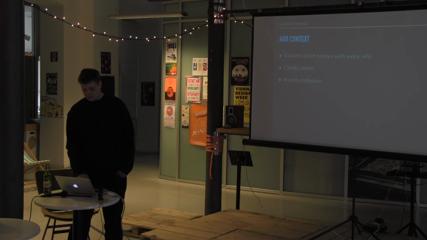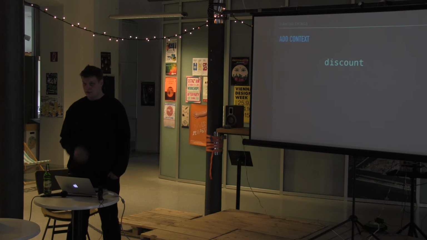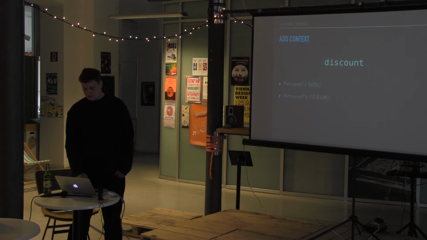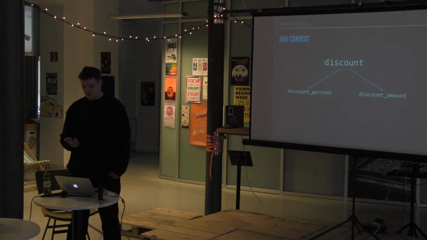So for example, if we have a discount that allows you to discount your orders, it's not very clear if this discount means a percent, or does it mean an amount, or in what currency is it? So what you can do is just add extra context to it. So you can say discount percent or discount amount. So someone reading the code for the first time will immediately know, okay, this is a percent or this is an amount.